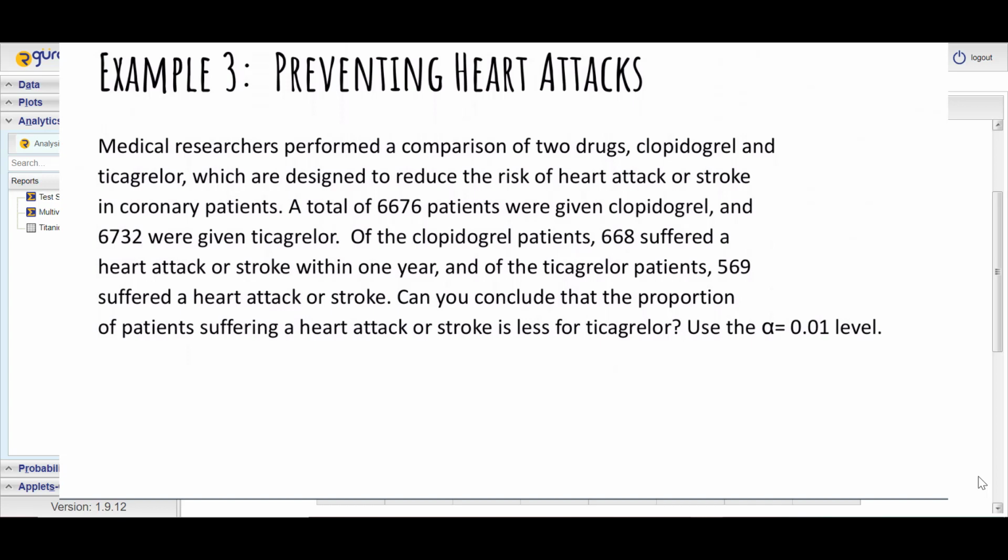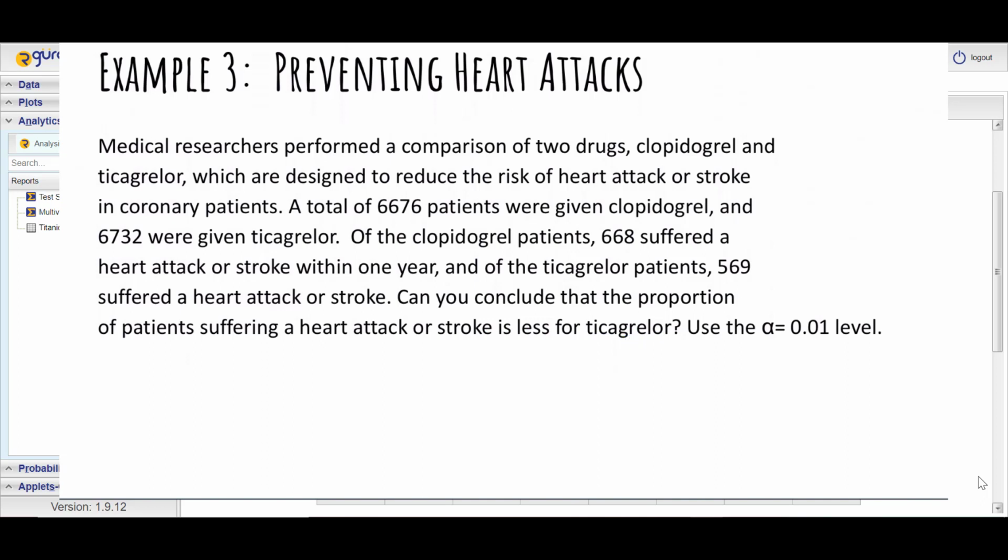Of the clopidogrel patients, 668 suffered heart attack or stroke within 1 year, and of the ticagrelor patients, 569 suffered a heart attack or stroke. Can you conclude the proportion of patients suffering heart attack or stroke is less for ticagrelor?